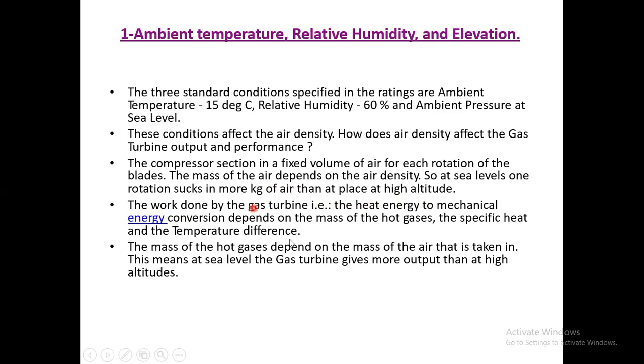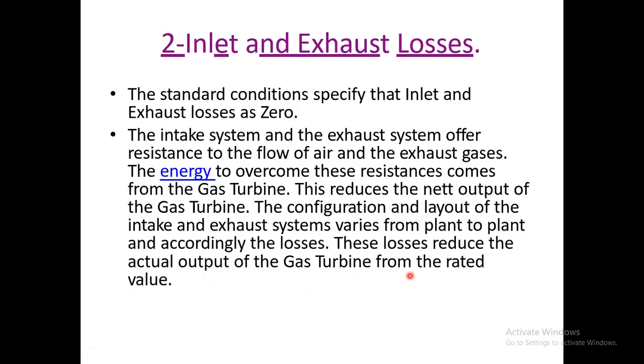The work done by the gas turbine, that is, the conversion of heat energy to mechanical energy, depends on the mass of the hot gases, the specific heat and the temperature difference. The mass of the hot gases depends on the mass of the air taken in. This means at sea level the gas turbine gives more output than at high altitudes.